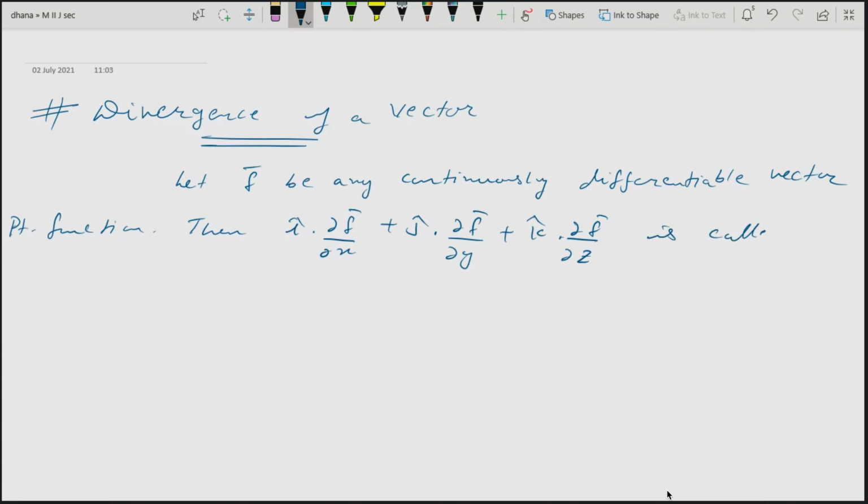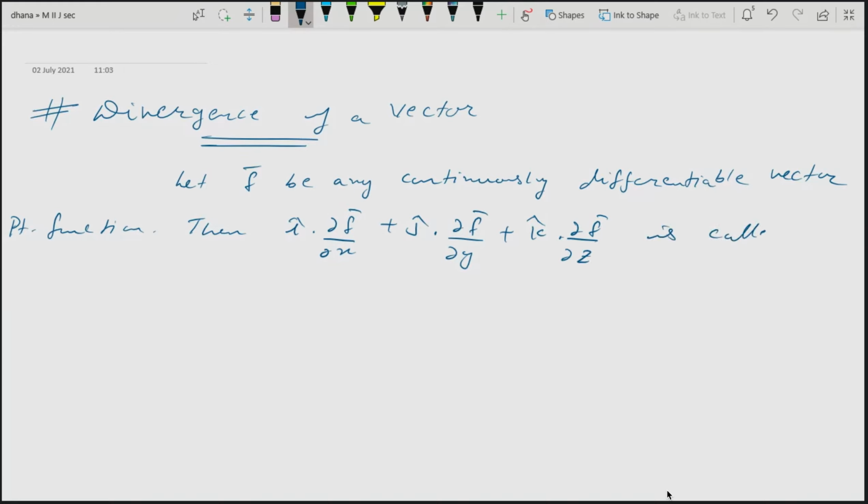So divergence of f bar is nothing but i cap dot dou f bar by dou x plus j cap dot dou f bar by dou y plus k cap dot dou f bar by dou z, which I can write as i cap dou by dou x plus j cap dou by dou y plus k cap dou by dou z, this whole thing with a dot product with f bar.